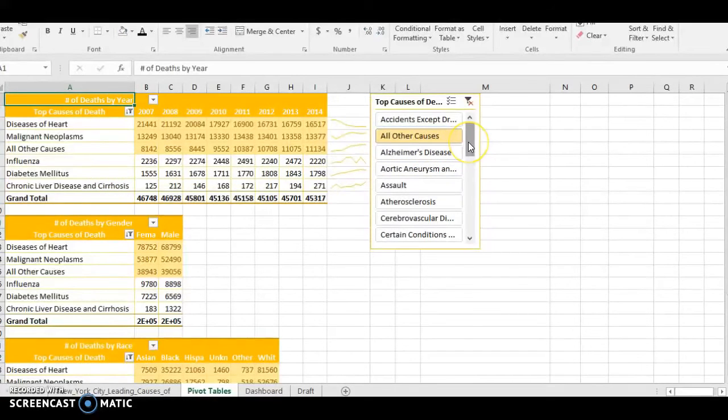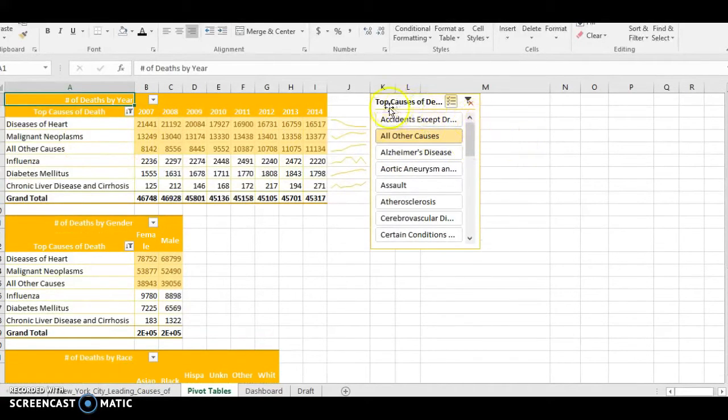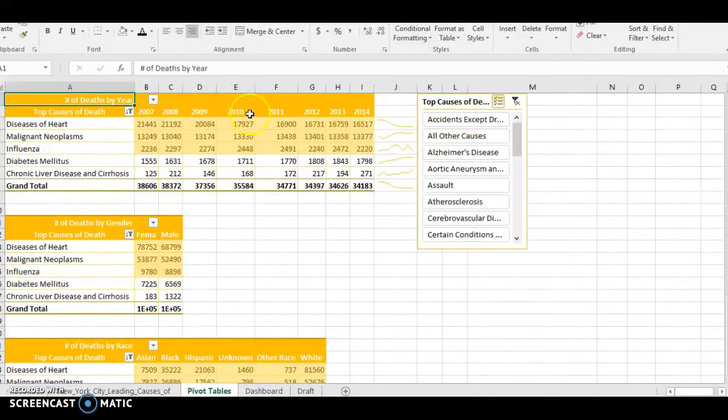So we can use this slicer to exclude all other causes. So now I've located the top five causes of death, which are heart disease, cancer, influenza, diabetes, and chronic liver disease.